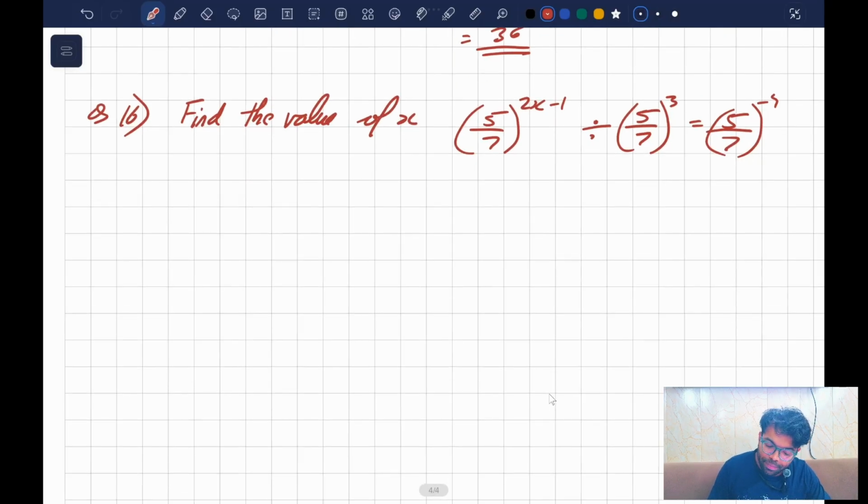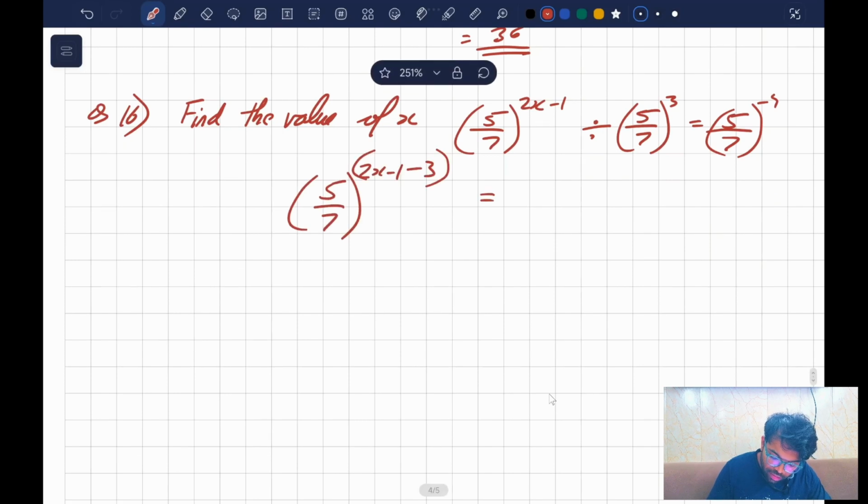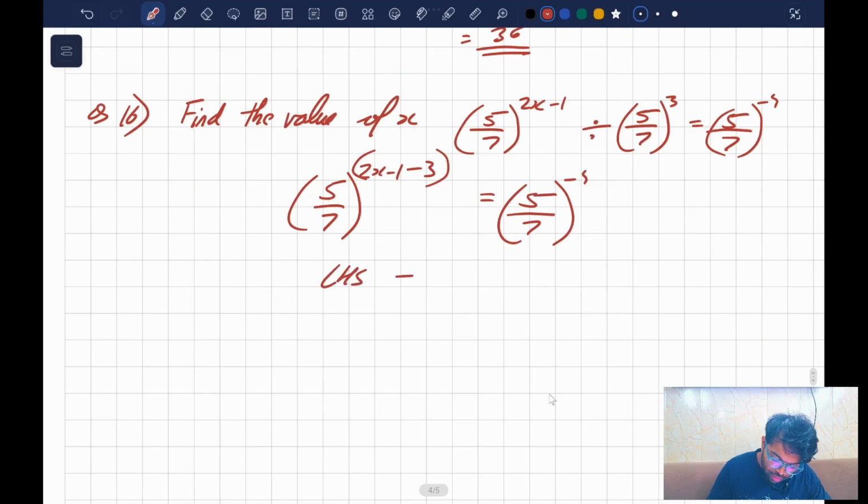सारे के सारे बेसिस सेम है। 5 to the power of, very good, 2x minus 1 minus 3 is equal to 5 upon 7 the whole to the power of minus 4. So दोनों के लेफ्ट साइड LHS और RHS को कंपेयर करो। 2x minus 4 should be equal to minus 4.